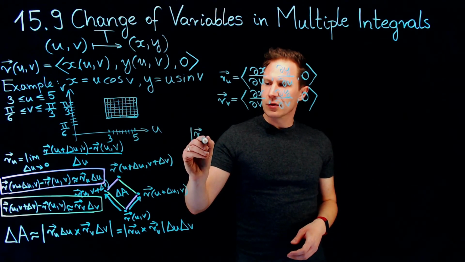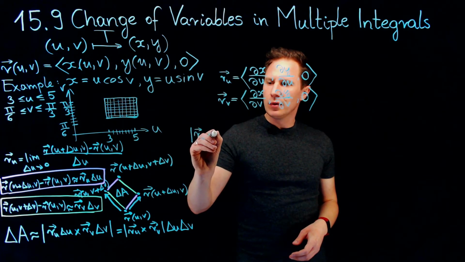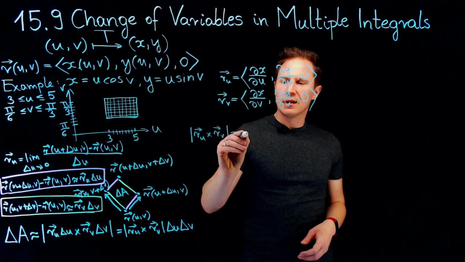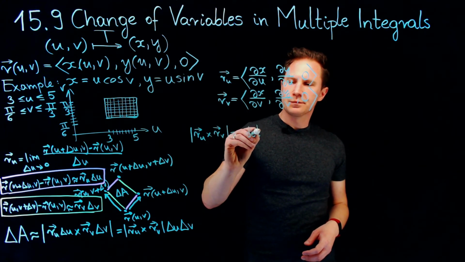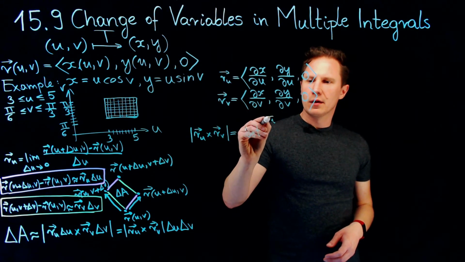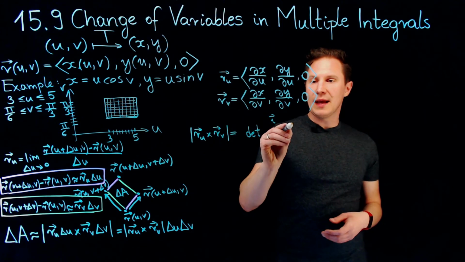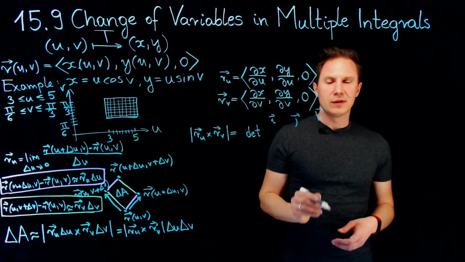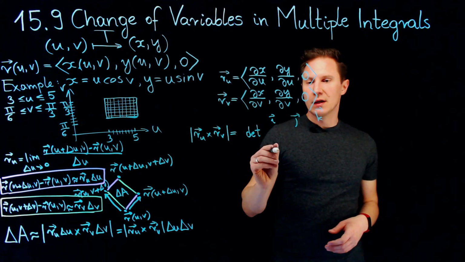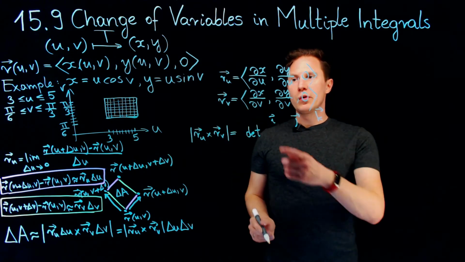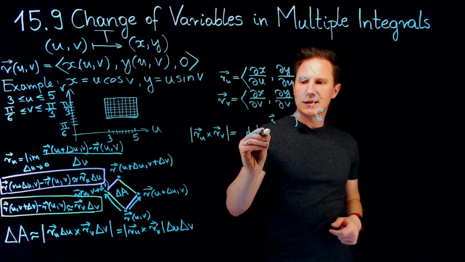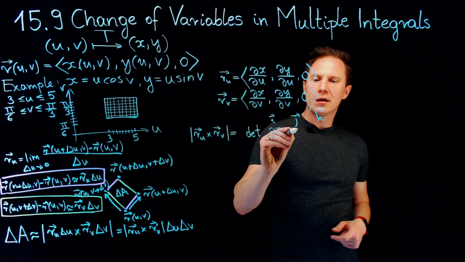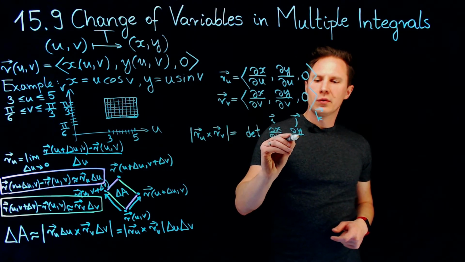And now if I want to compute the length of that cross product, remember what the cross product is, it's the determinant of the 3x3 matrix with i, j, and k, the standard basis vectors, in the first row. The components of r sub u in the second row, so that's dx over du and dy over du and 0.